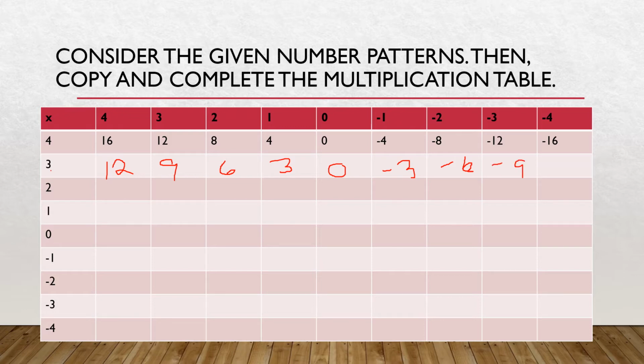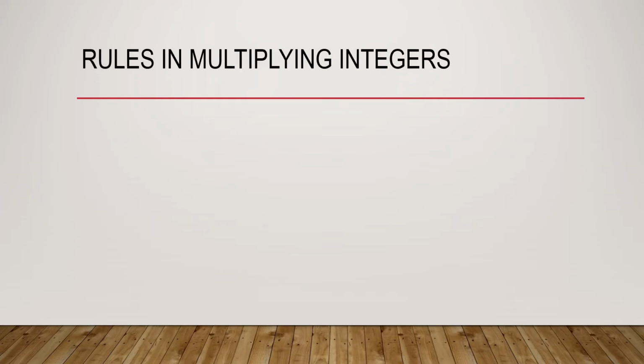And 3 times negative 4 is negative 12. Now, how is that? Okay, you have to learn the pattern or the rules. So we have here rules in multiplying integers. So you have to go back to that part of the video, and then copy and answer it in your notebook, okay, after this.